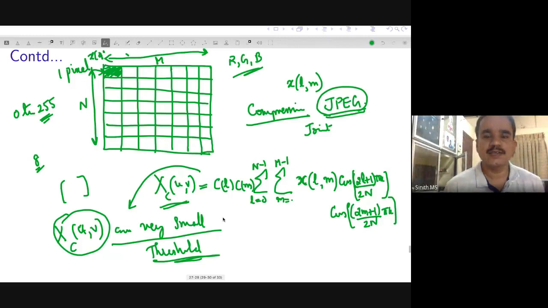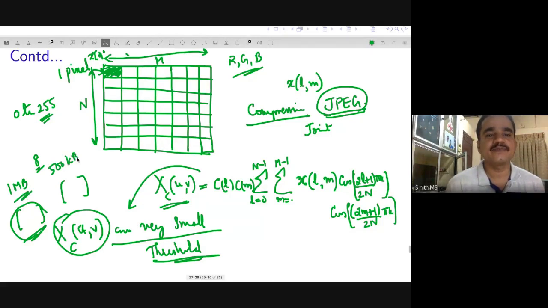The discrete cosine transform coefficients are thresholded and very small values are neglected, so you need not store those small values and your memory becomes smaller. A 1 MB picture may become say 500 KB or even less, and you get a really compressed version of your original image.